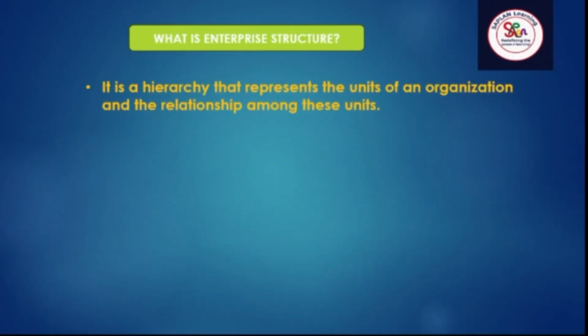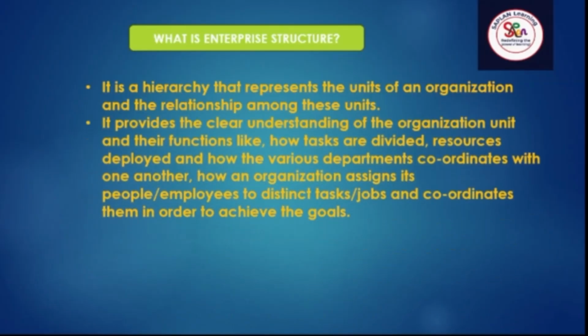So it is a hierarchy that represents the unit of organization and the relationship among these units, and also provides a clear understanding of the organization units and their functions, like how tasks are divided, resources are deployed, and how the various departments coordinate with one another. So how the organization assigns its people, employees to distinct tasks or jobs and coordinates them in order to achieve the goal.